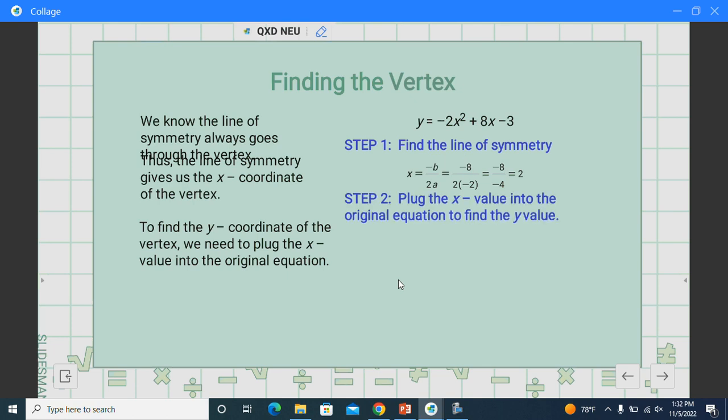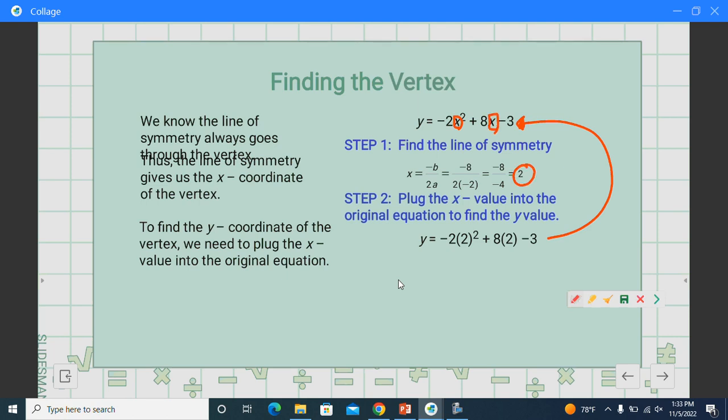Next, plug the x value into the original equation to find the y value. We have the value of x already, that is 2. What's our original equation? All of the x becomes 2.